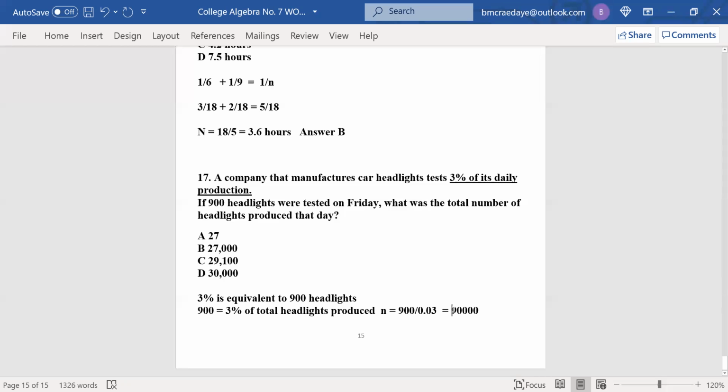And what's 90,000 divided by 3? 30,000. That's right. So N equals 30,000, and that's your answer. So your answer is D.